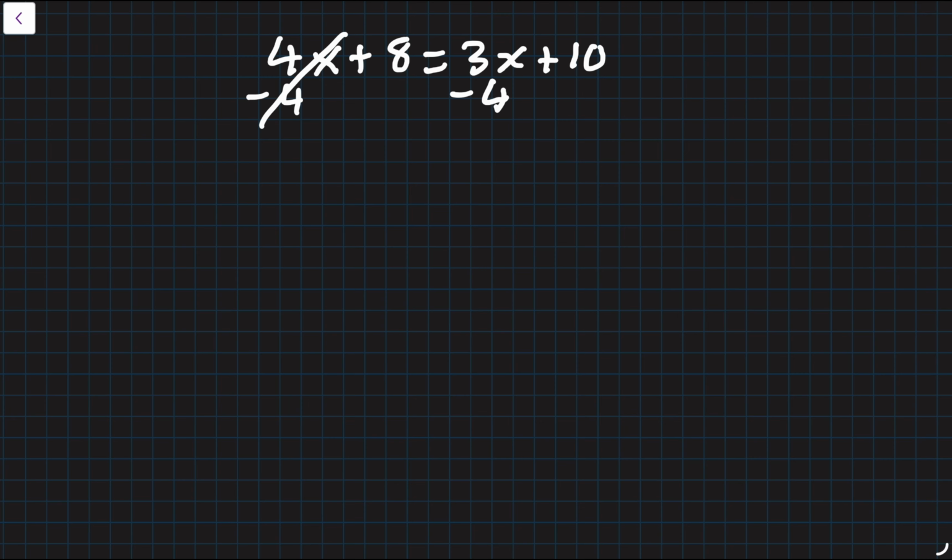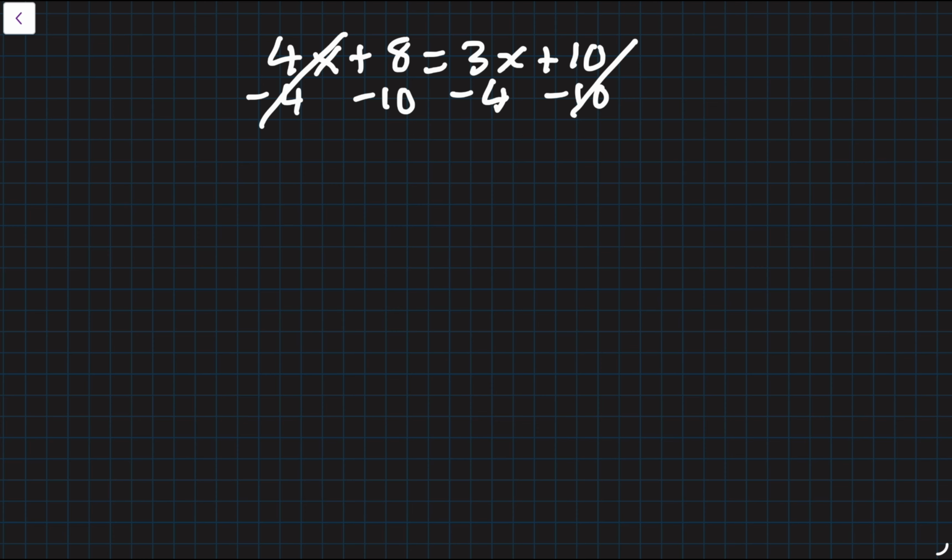Let's try a similar equation to this: 4x plus 8 equals 3x plus 10. We're going to put negative 3x onto both sides, and then the 3x cancels out, and we're going to put the 10 into the left side. So negative 10, and then cancel them too.